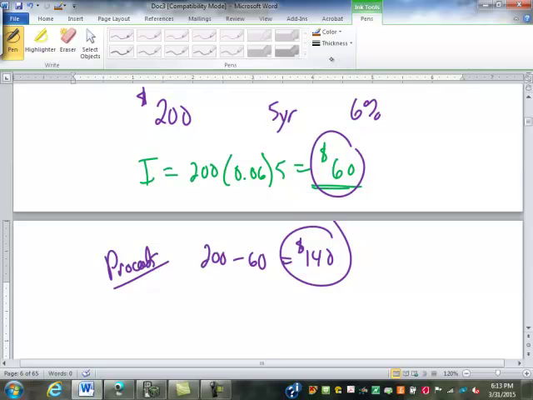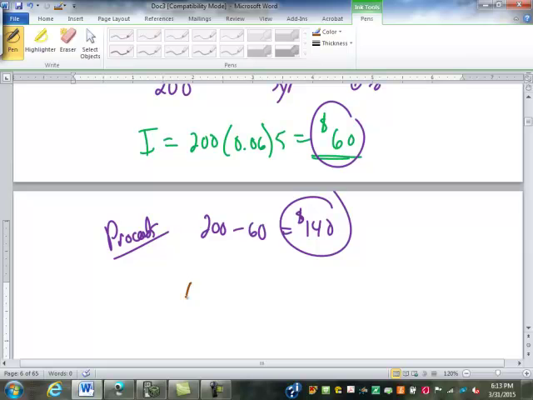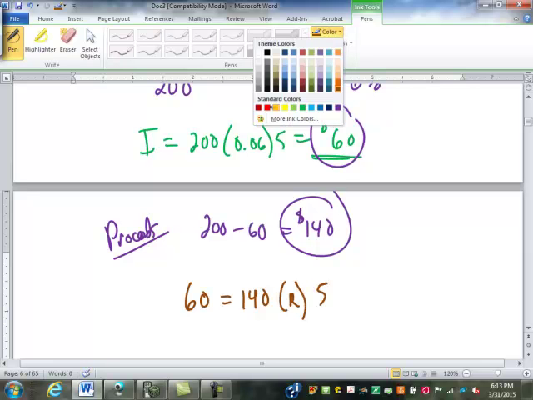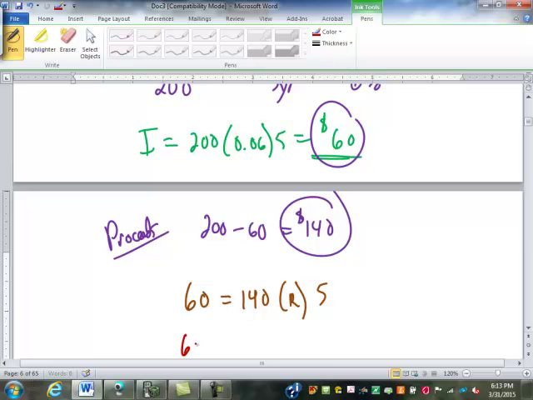But just like if you're borrowing money and they give you a simple discount note, there's still an effective rate that's higher than the stated rate. Let's go through that here. You've got $60 in interest on $140 that you actually had to pay over 5 years. So you're going to do the 140 times 5, which is $700.